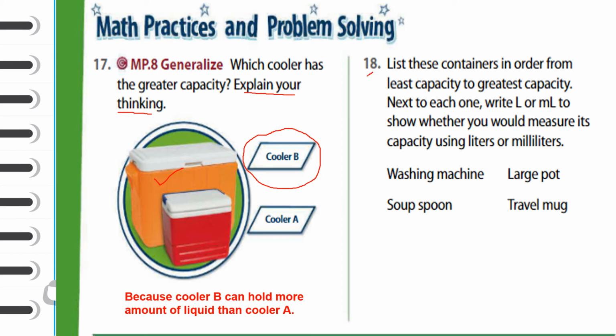Okay, question 18. Some containers are given and you have to write liter or milliliter to show that they could hold the liquid in liters or milliliters. For example, the first one is washing machine which you use to wash your clothes. So washing machine holds the liquid in milliliters or liters.